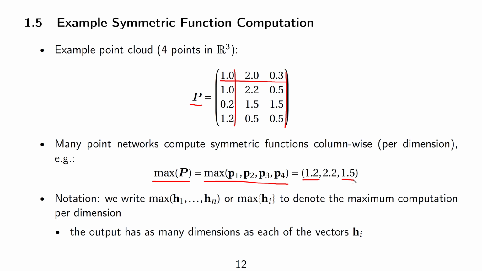Or at least, if the network is constructed with symmetric functions, then it can be set up in such a way that you can use it with a different number of points. A remark about notation. So the idea is that max h1 to hn, or just max hi, denotes the same thing, maximum computation per dimension.